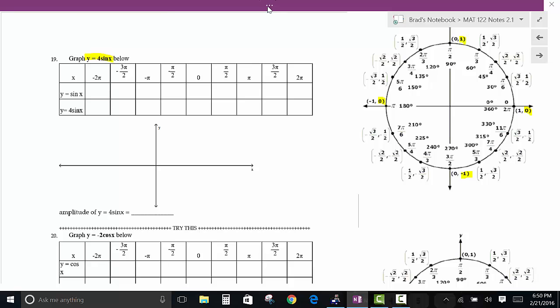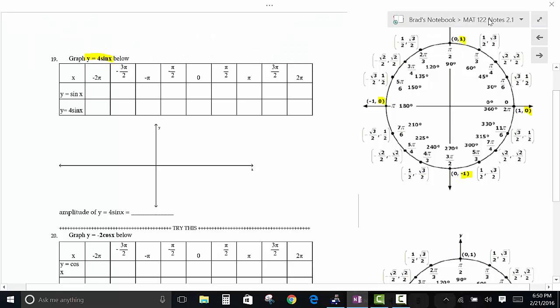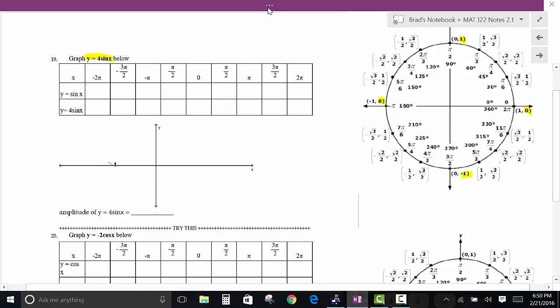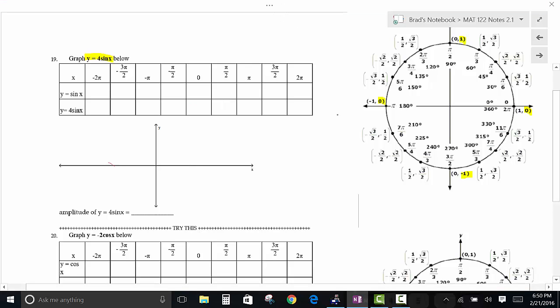Let's fill out our chart just for y equals sine of x. The sine of 0 we learned is 0. The sine of pi over 2 is 1. The sine of pi is 0.